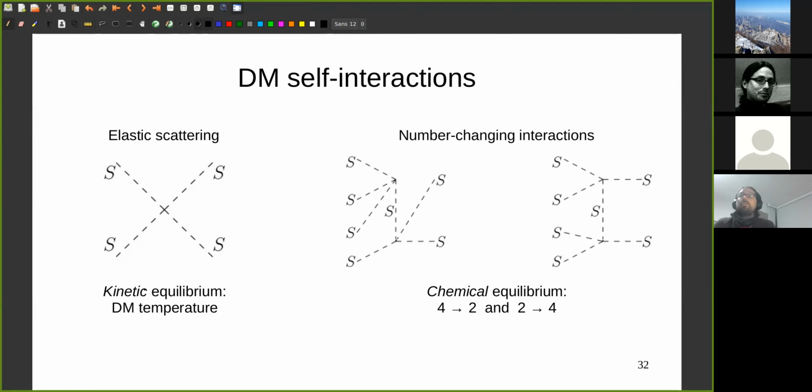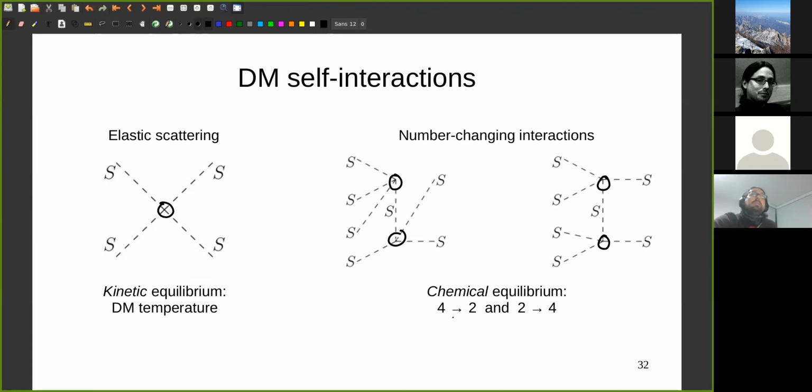We can also have non-elastic scattering, and that means that we can have number changing interactions. Here you see that I'm only having quartic interactions, quartic here, here, and here. This is just an example. If I have this number changing interaction, I can reach chemical equilibrium in the dark sector.